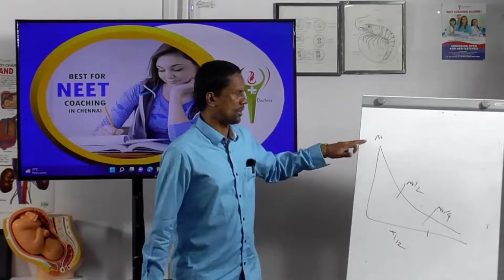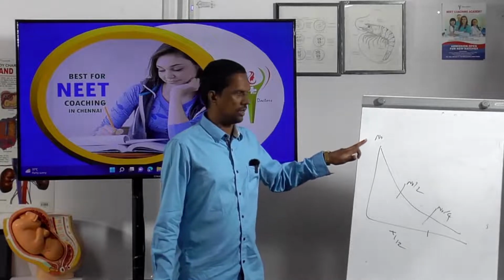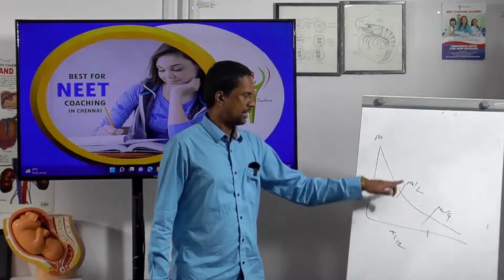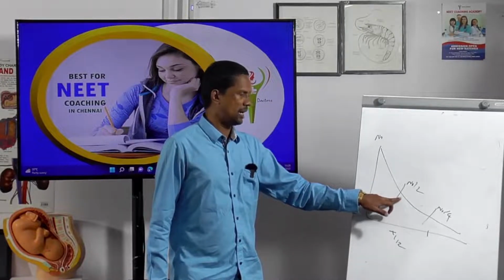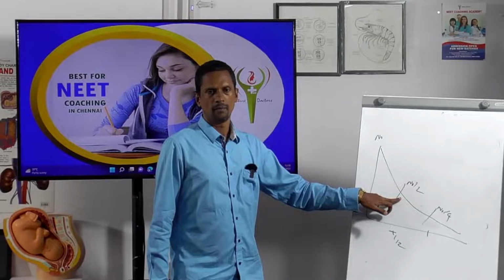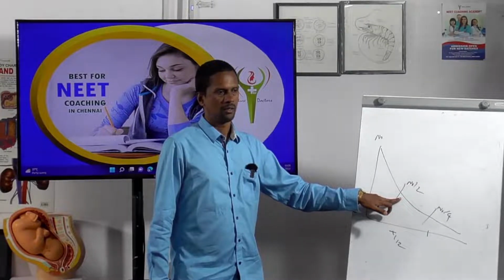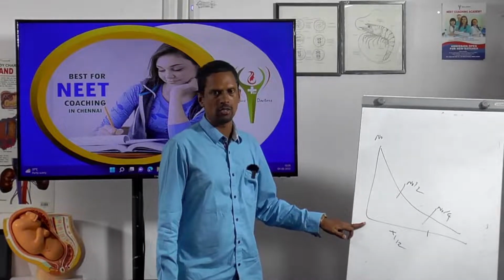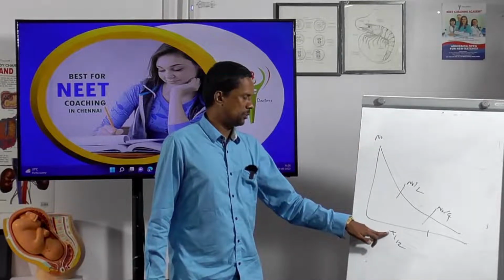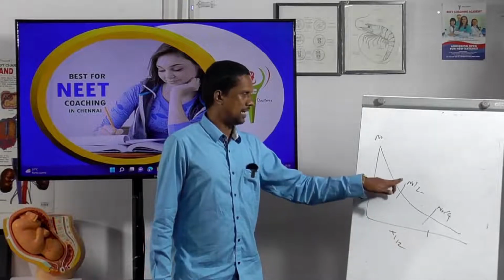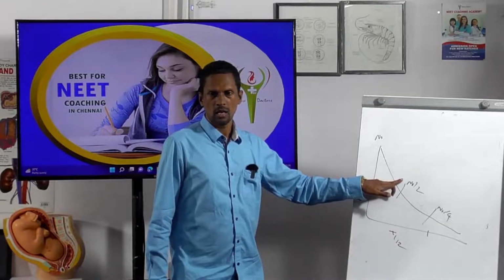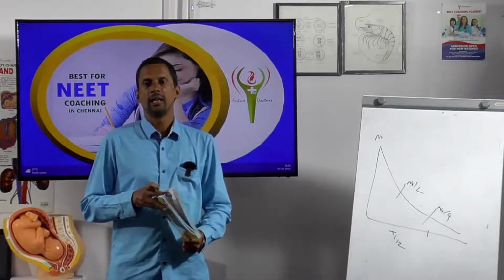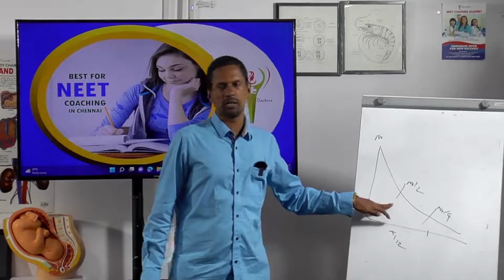N0 is the total number of atoms present initially. When the time is half, what is the total number of molecules present? N0 by 2. That means at half of the time it is decreasing exponentially.